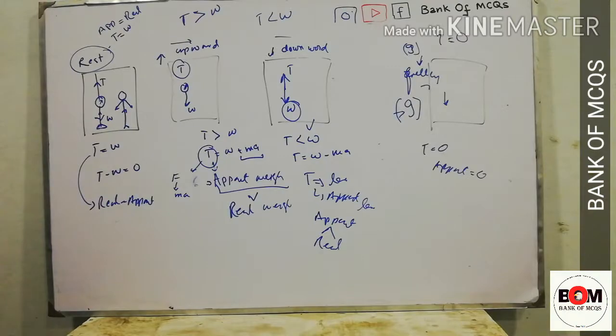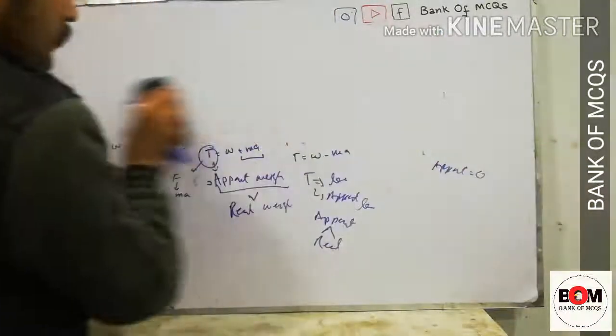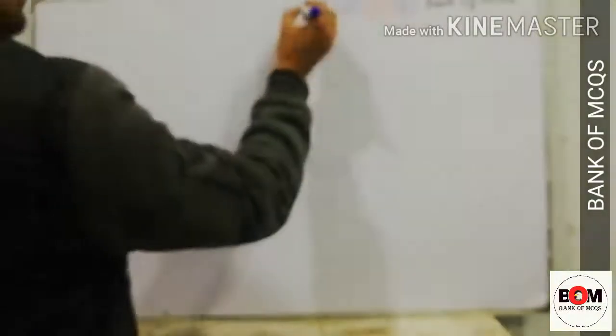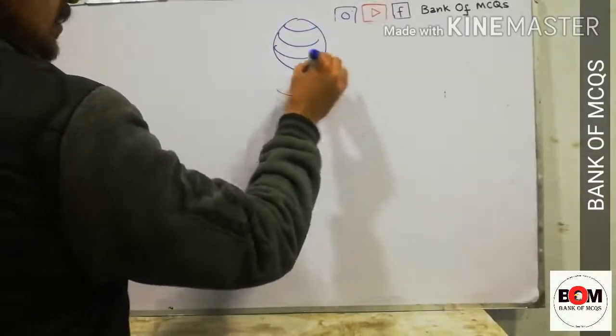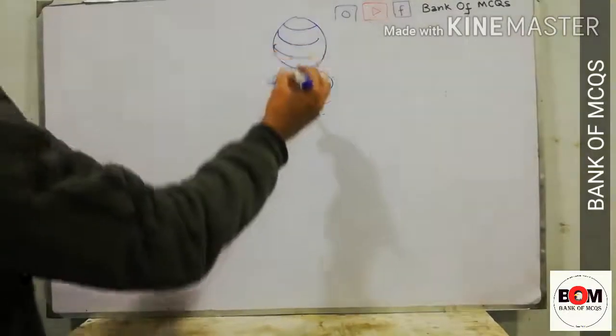The next topic is artificial gravity. We know that the earth is rotating on its own axis. This is the earth and it is rotating on its own axis, and due to this rotation, gravity is provided.